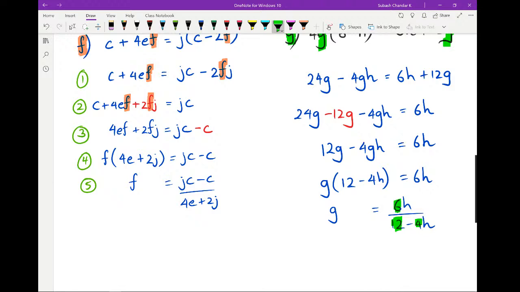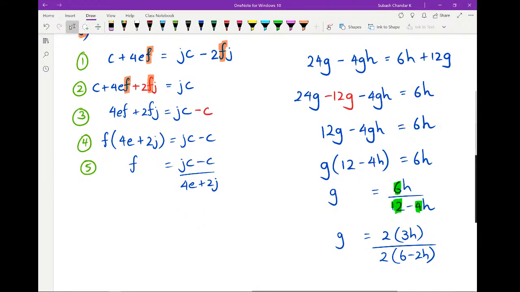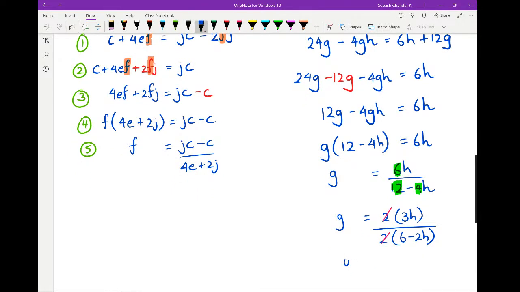You've got 6, 12, and 4, which means you can rewrite this as 2 multiplied by 3h divided by 2 multiplied by 6 minus 2h. At this point, we can get rid of the 2s, and we're left with g equals 3h divided by 6 minus 2h.